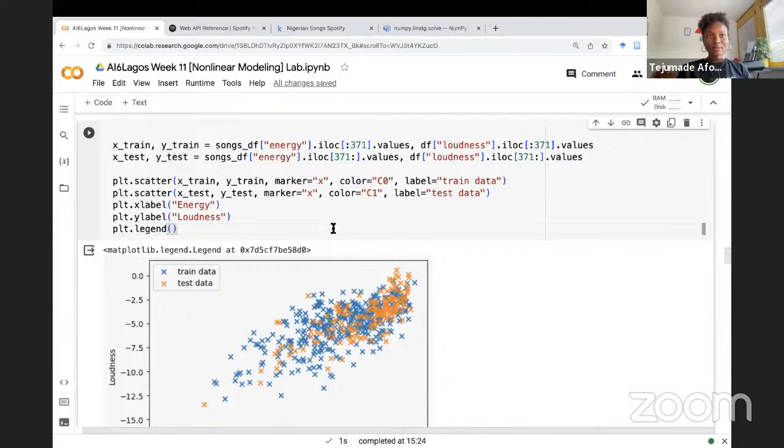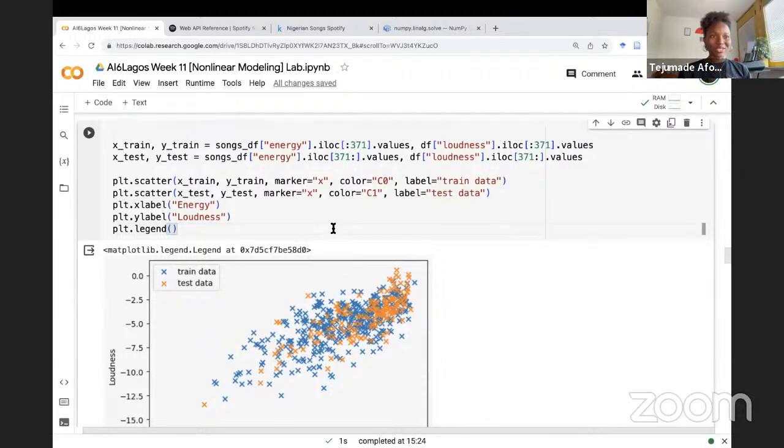What do you think about this approach, guys? Can you think of anything that can go wrong? It's a one-time thing. You only can use 371 data, and you already took the first 371.